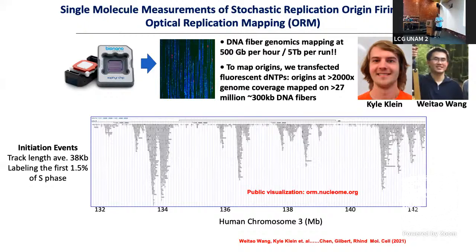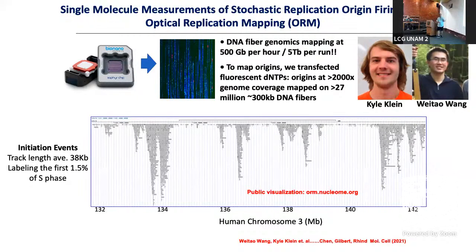So when this technology was developed, we said, aha, well, all we need to do is to transfect fluorescent nucleotides into cells that are synchronized right at the beginning of S phase, which we knew how to do really well, so that we're looking at the first nucleotides to be synthesized at the beginning of S phase. Those are by definition the origins, and then just see where they are.